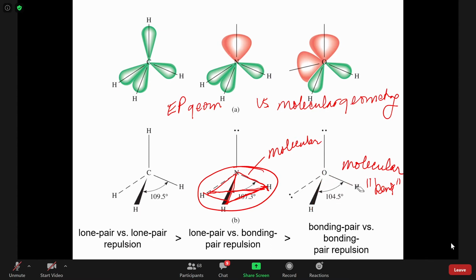However, while the molecular geometry of water may be bent, the electron pair geometry is tetrahedral. Does that make sense to people?